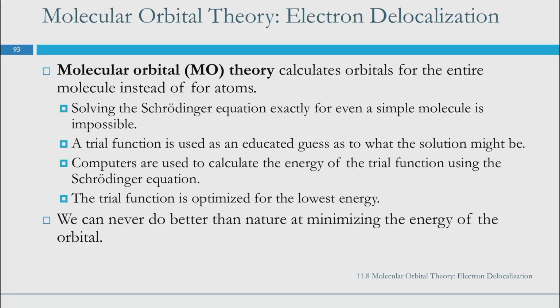It's not possible. And so basically they make an approximated guess. Hey, how does this function that we came up with fit for our solution? And then they do a bunch of stuff with computers. And so obviously we're not going to do that.